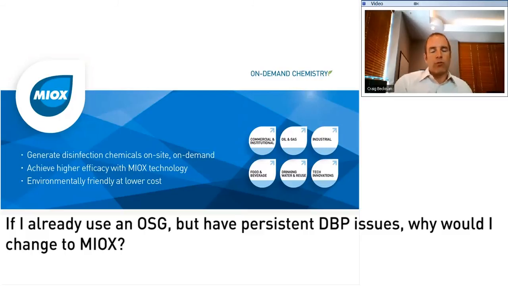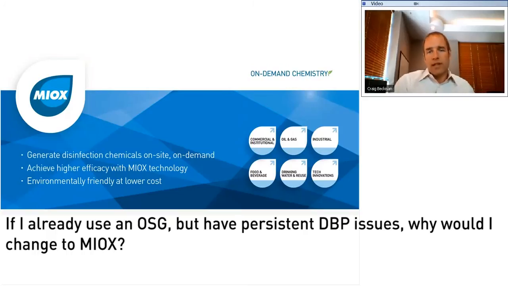It's a breakdown of organic materials, acids, tannins, etc., that are forming an organic that then is reacting with the primary disinfection technology that's being used, very often chlorine, and can create disinfection byproducts. So if the organic substance in this specific example is coming from the surface water, then the answer is no. A MIOX technology probably would not be any different than another on-site generator.